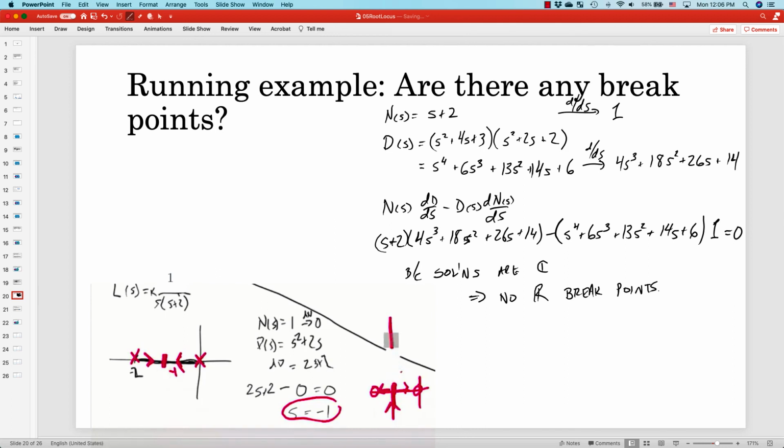So if we had no other context, all I can say is that the branches will intersect at this point, and then they'll do something, either break in or break away, and then I don't actually know what they do after that. I was working ahead, I guess, because both of these have 90-degree asymptotes.